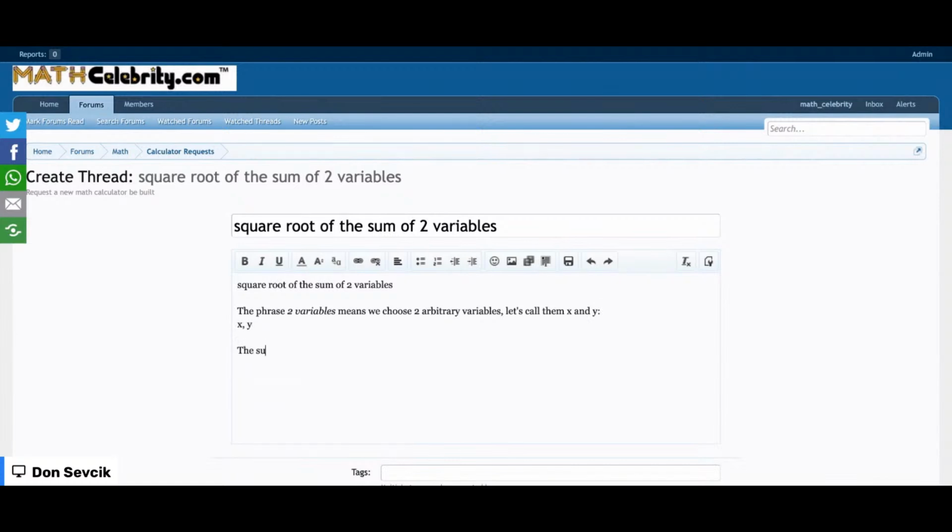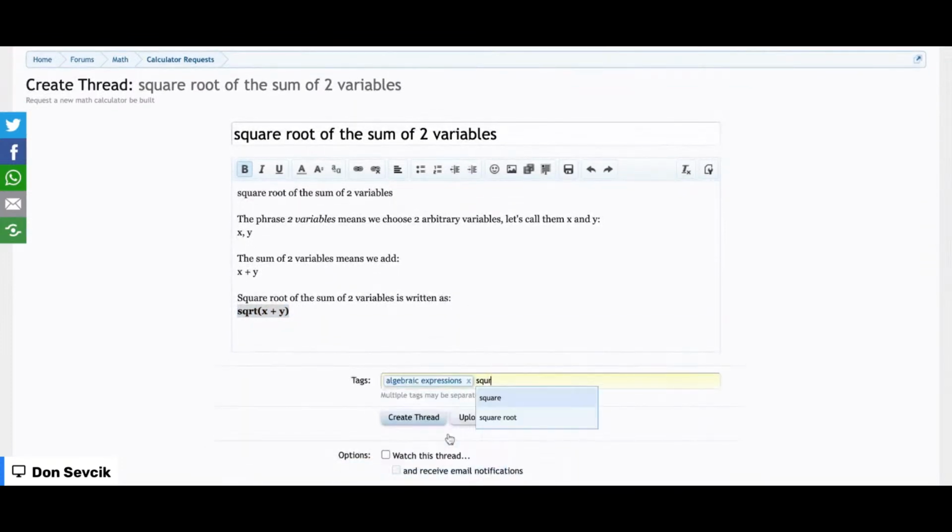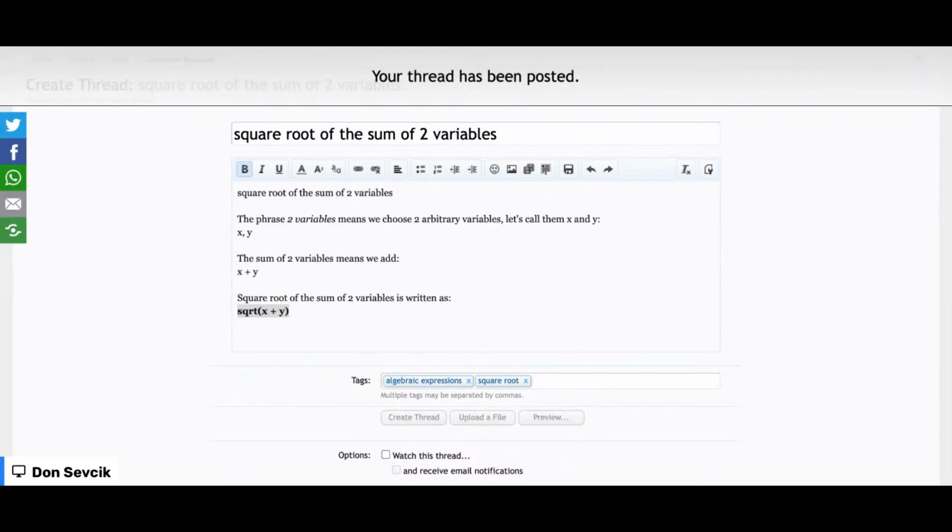The sum of 2 variables means we add x plus y. Square root of the sum of 2 variables is written as square root of (x plus y). I don't have the square root symbol here, so I'm just going to do it like this. That is how it's done. All right, that's another algebraic expression, square root. Done.